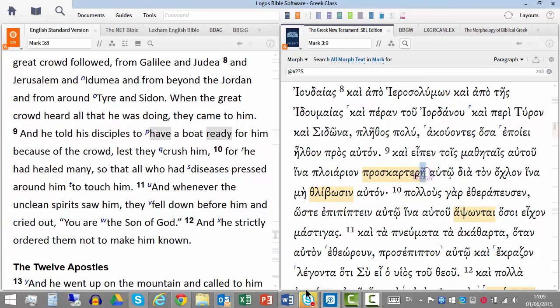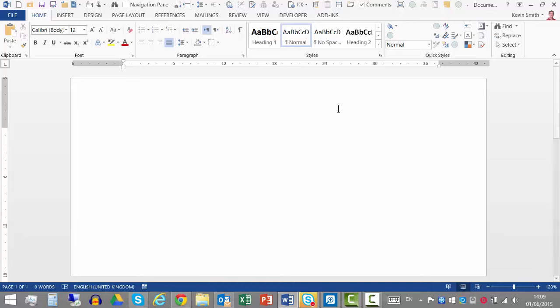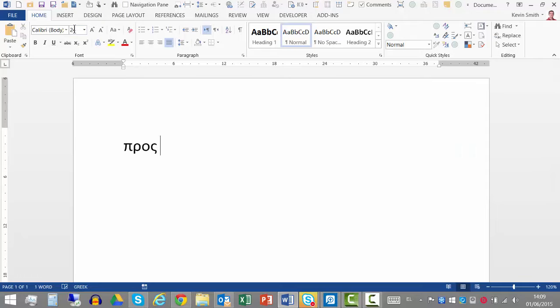Let me just quickly show you how this is formed. I'll bring up a Word document over here, and make our font size a bit bigger for illustrative purposes. We've got pros, kar, tere, that's our root. Then we would add a connecting vowel, eta, and the iota for the third person singular.